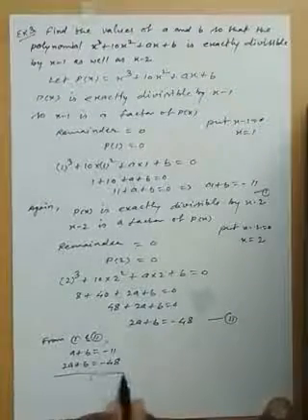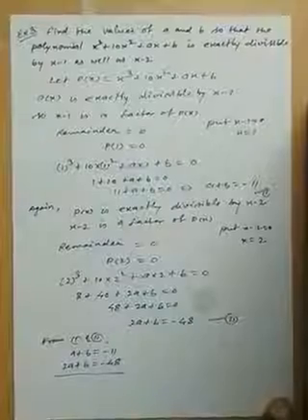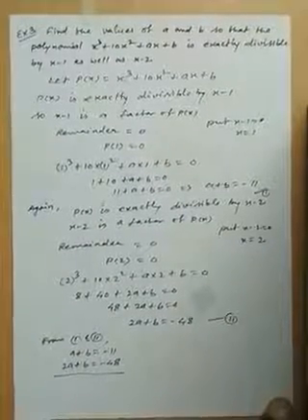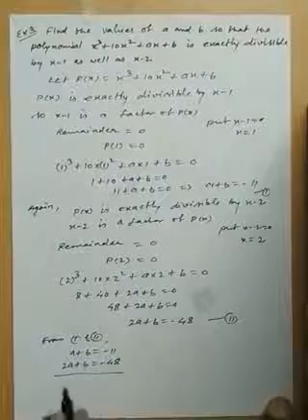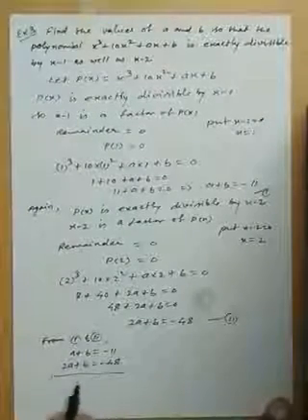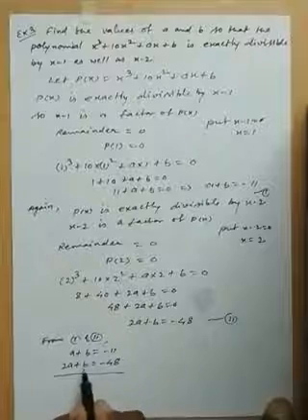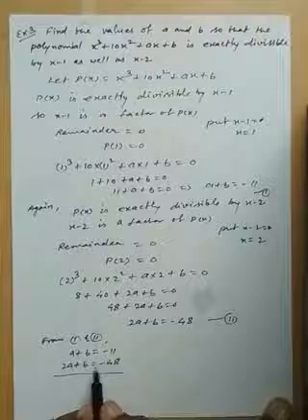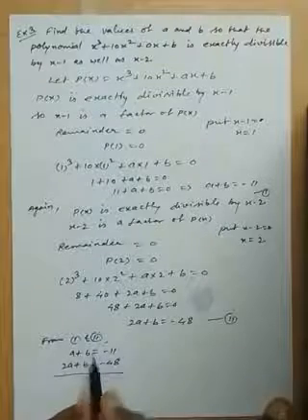Both are linear equations, and we can solve it by the substitution or the elimination method. Here we can apply the elimination method because b and b are same, both are positive, so we can subtract the equation second from the first.